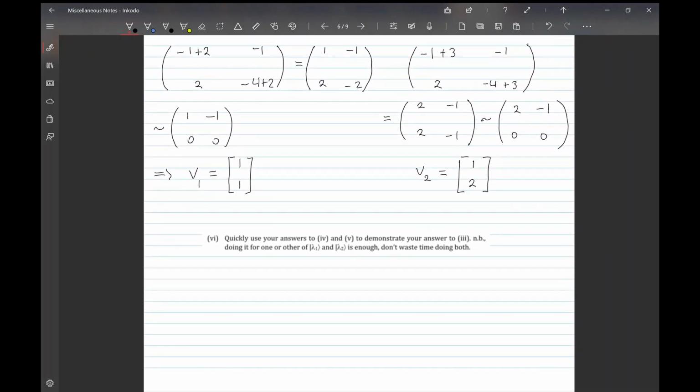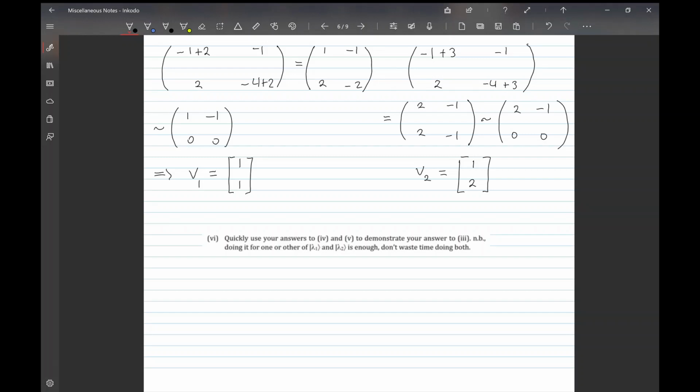Okay, so part 6 says, quickly use our answers in the previous two parts to demonstrate that part 3 occurs. And part 3, if you recall, was that acting a linear operator on one of its eigenvectors produces a vector that is parallel or anti-parallel to that original vector.